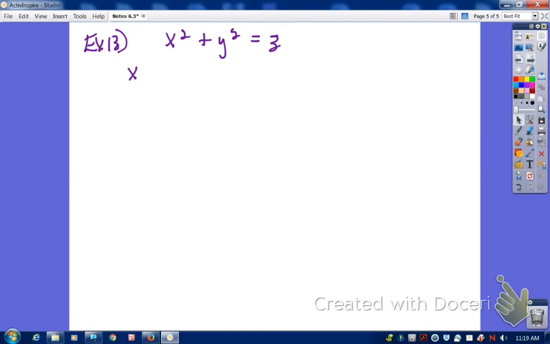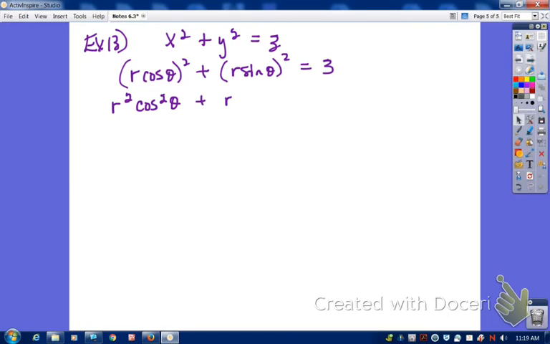So you're going to have, in the place of x, r cosine theta squared plus r sine of theta goes in for y squared equals 3. When you square r cosine theta, the r gets squared and so does the cosine. Same thing with r sine of theta. When you square that, you get r squared times sine squared.